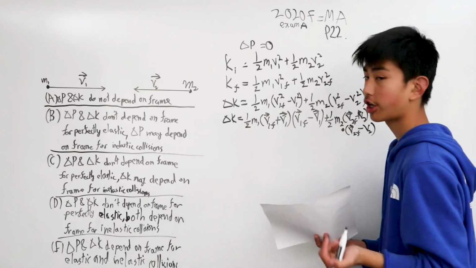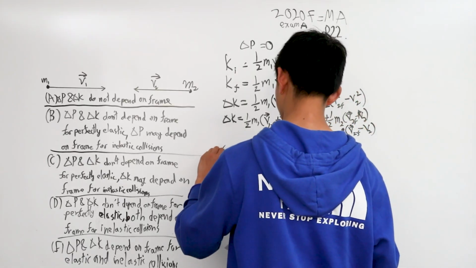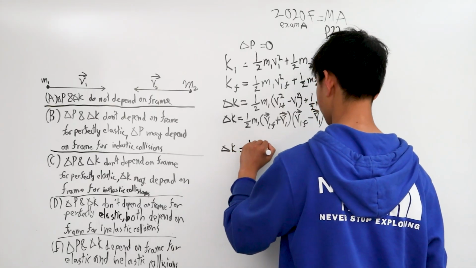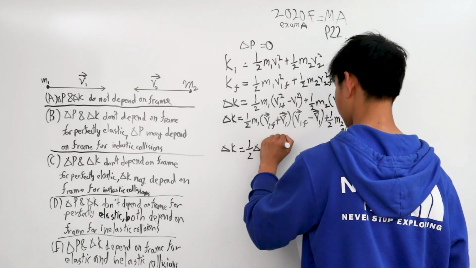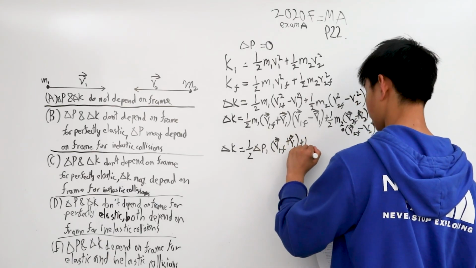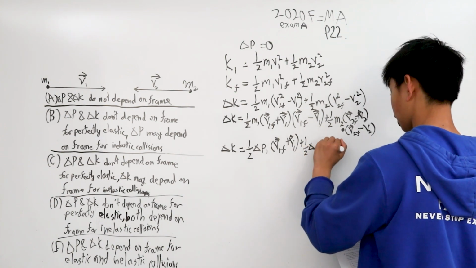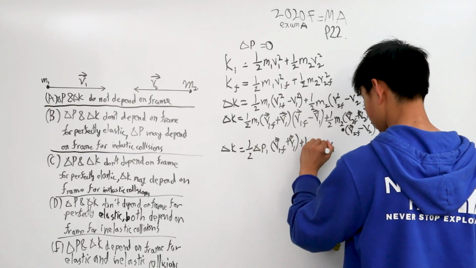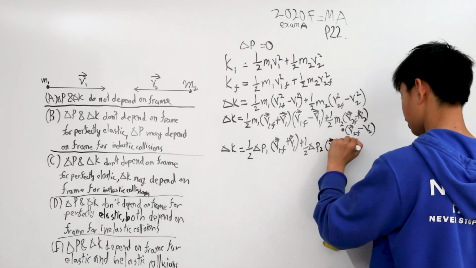So we see here that the subtraction of the velocities is the change in momentum for each case. Therefore, this delta K can be simplified down to 1/2 delta P1, the change in momentum 1, times v1f plus v1, plus 1/2 delta P2, the change in momentum 2, times v2f plus v2.